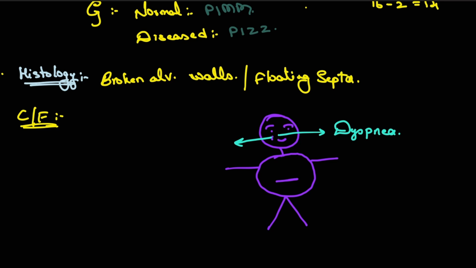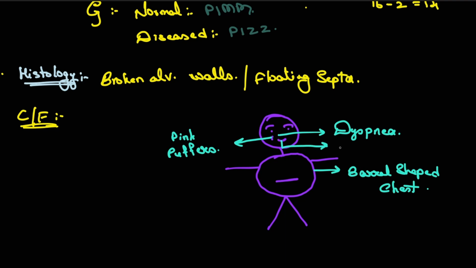For example, we are identifying them as pink puffers. And barrel shaped chest, and pursed lips, pursed lip breathing. And the last one is flattened diaphragm.